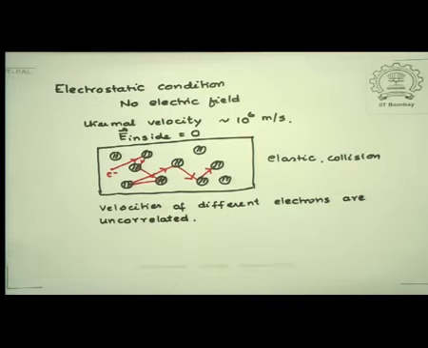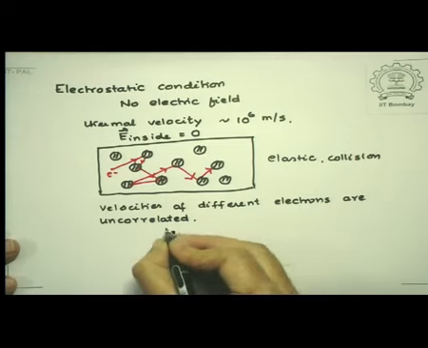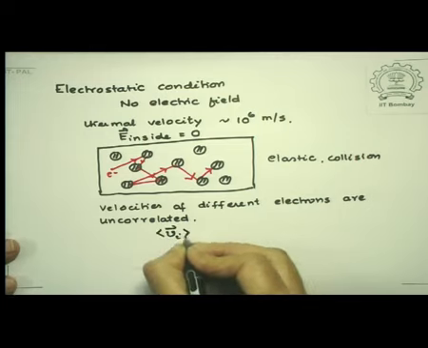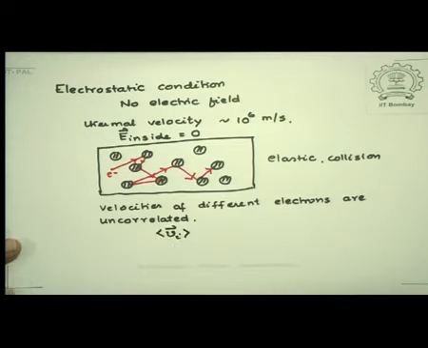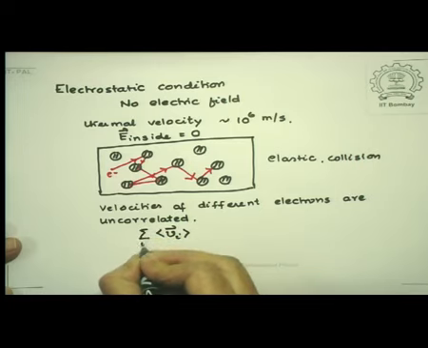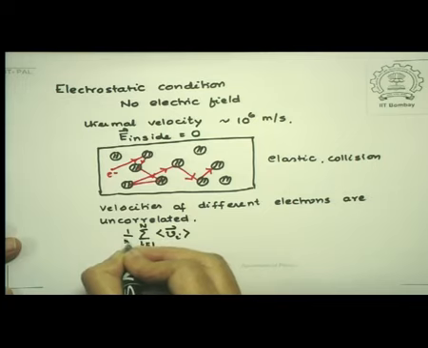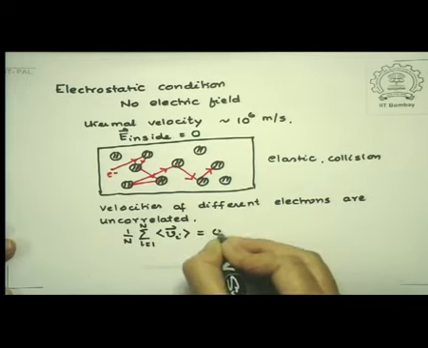As a result, supposing I say that Vi, with an average sign here, represents the average velocity of the ith electron, and I sum it over i equal to 1, 2, let us say n particles are there, so 1 over n times the sum, this is equal to 0.